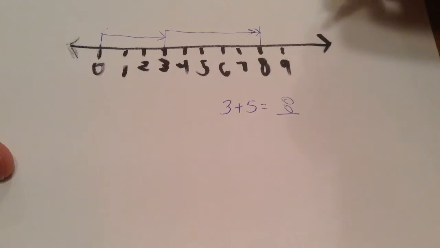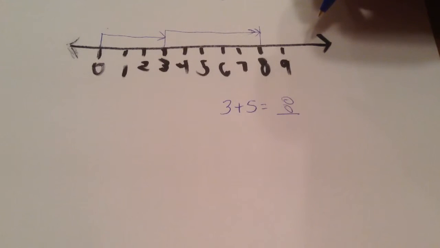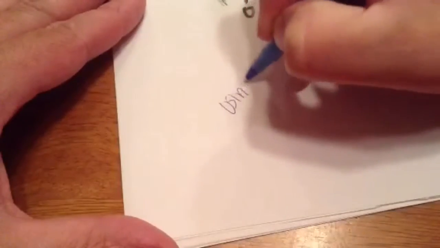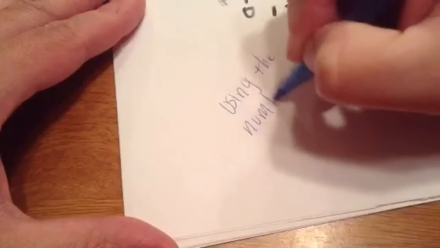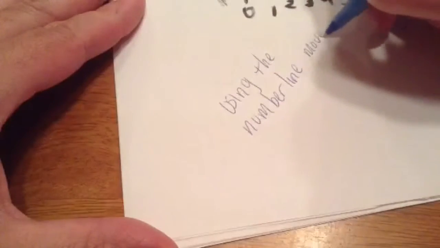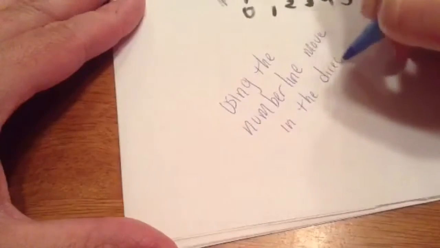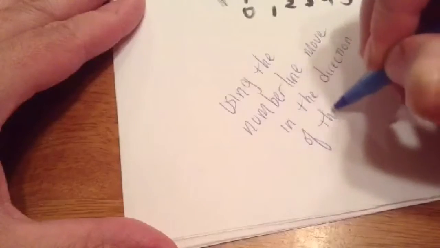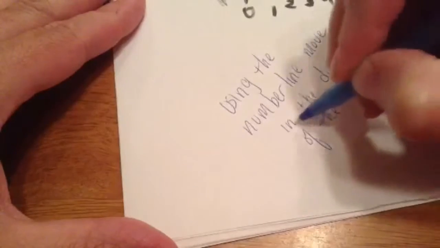Alright, not too bad. So when you are adding integers, just remember that one thing is true. Just like you did in kindergarten, first grade, using the number line, without even knowing it, you were moving in the direction of the integer sign, so the positive or the negative, when you are adding.